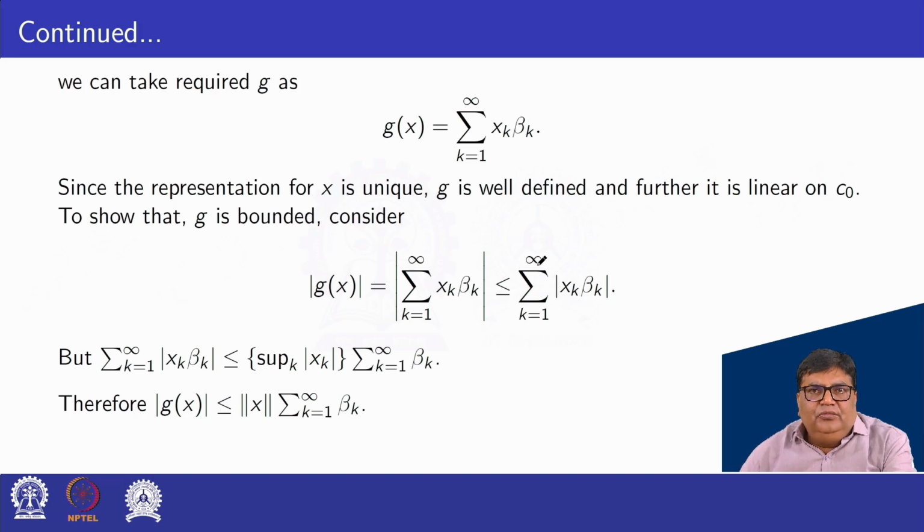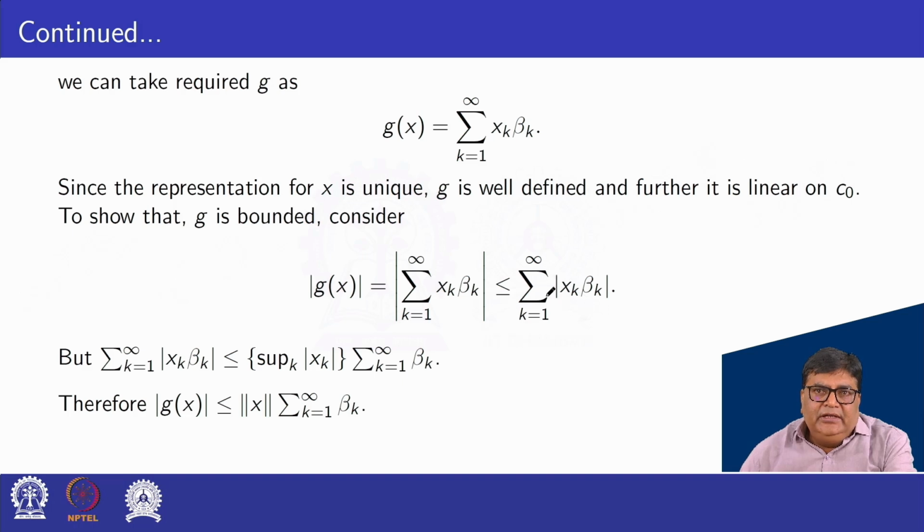But summation k equals 1 to infinity mod x k beta k is less than or equal to supremum of mod x k into summation k equals 1 to infinity beta k. If you expand this, mod x k beta k under the summation k equals 1 to infinity can be written as x1 beta 1 plus x2 beta 2 plus, and so on, x n beta n and so on.